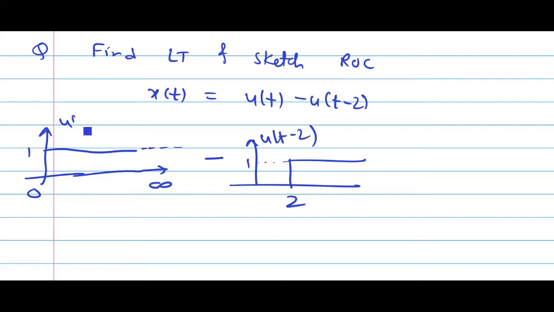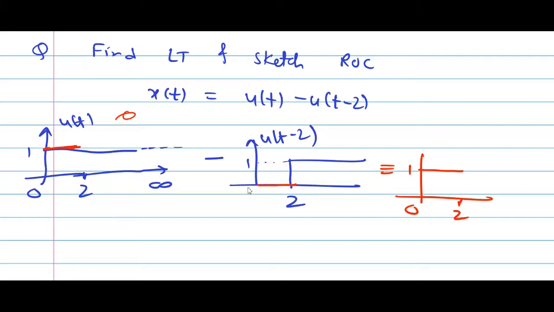So in the subtraction, from 0 to 2, one signal has amplitude 1 and the other has amplitude 0. So 1 minus 0 is 1.